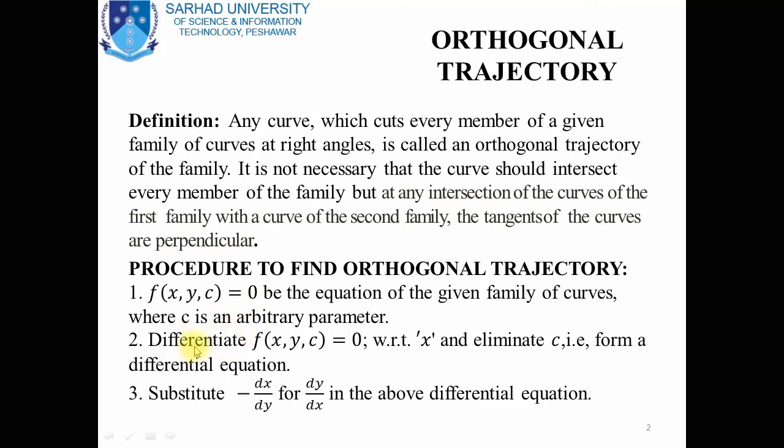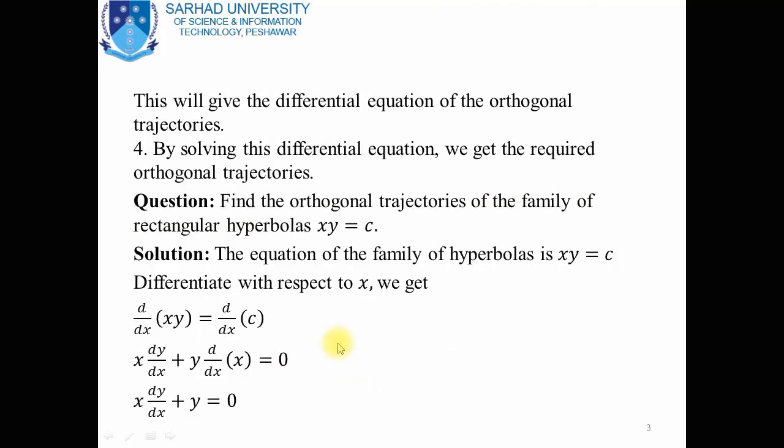Now differentiate this function with respect to x and eliminate the parameter c from the differential equation, and then substitute minus dx by dy for dy by dx in the above differential equation. This will give the differential equation of the orthogonal trajectory, and then solve this differential equation, and we will get the required orthogonal trajectory.